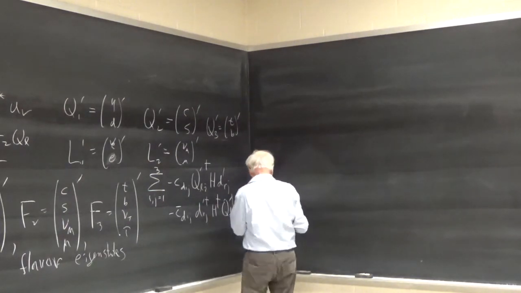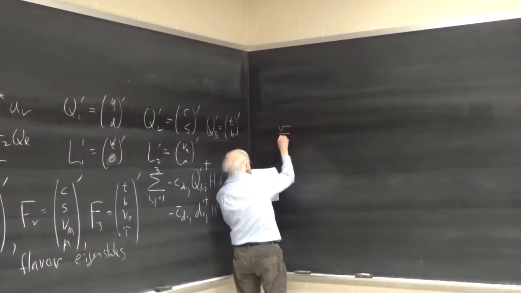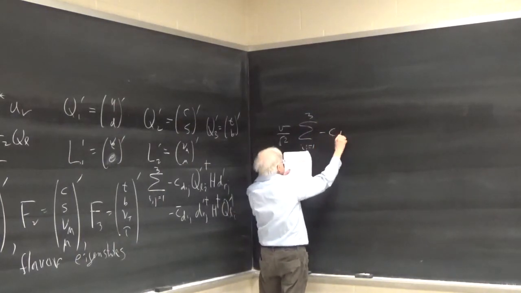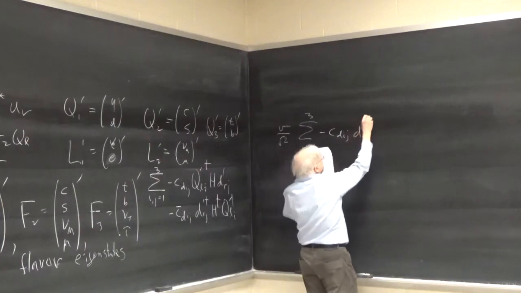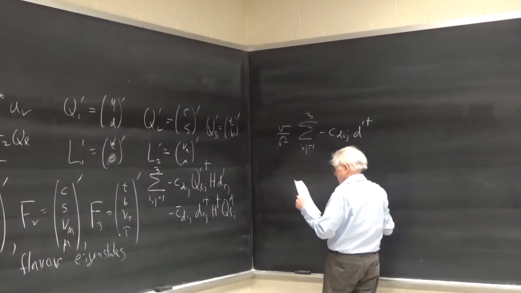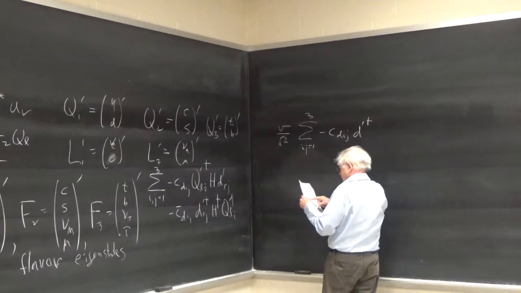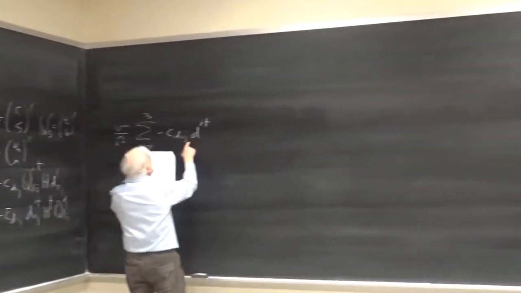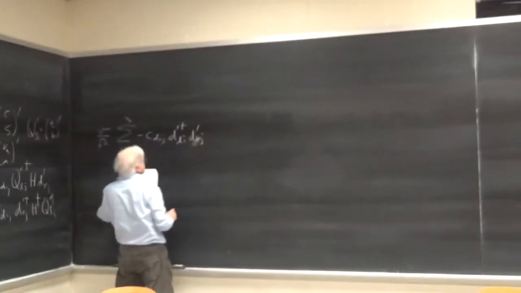And these terms look like this: v over root 2, sum ij 1 to 3, minus C D ij, D prime dagger, left i, D prime right j.